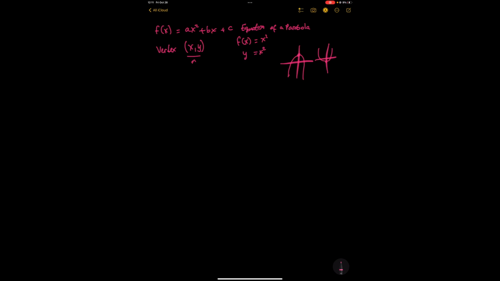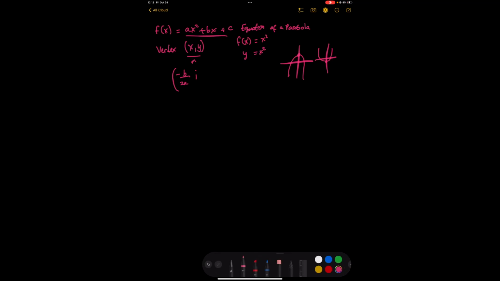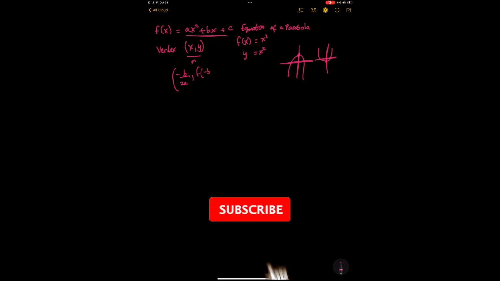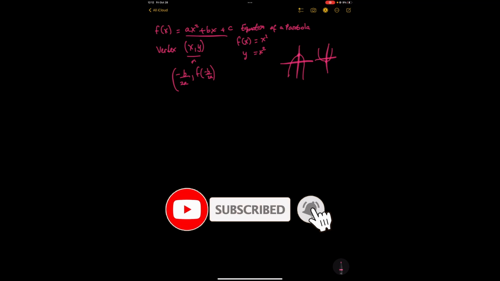But let's talk about the vertex. How do we find the vertex? In that function, the vertex is found by this formula. The formula for the vertex is negative b over 2a for the x coordinate, and for the y coordinate it will be f of negative b over 2a.